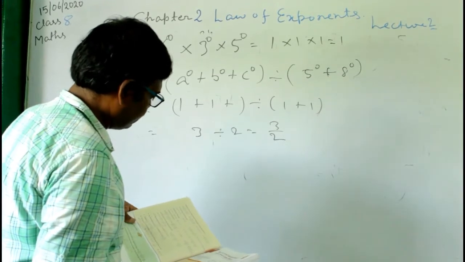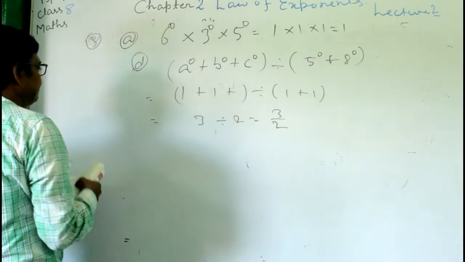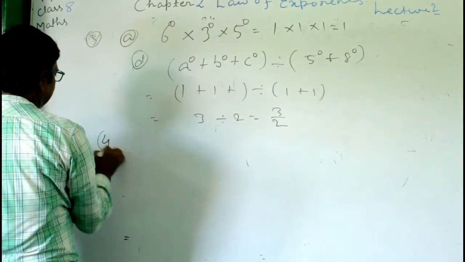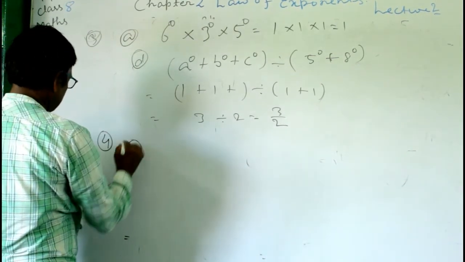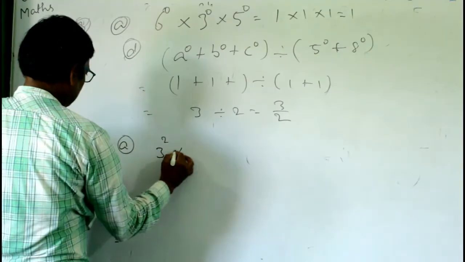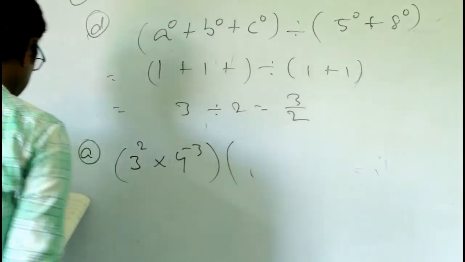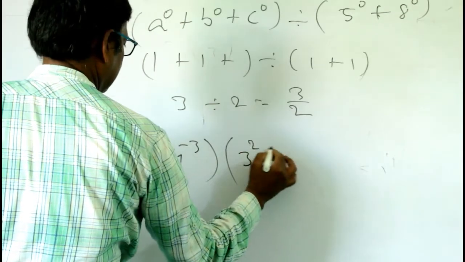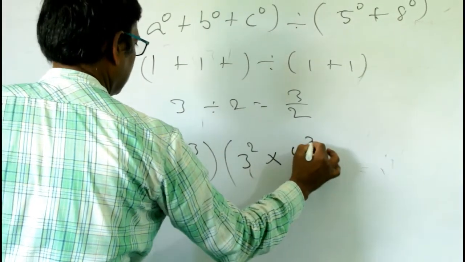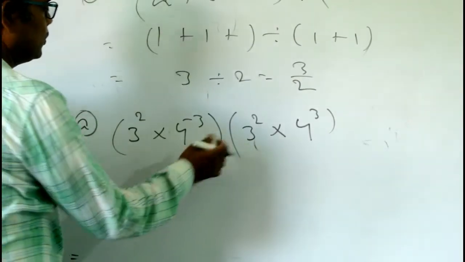And the next question number 4. Simplify the following. Question number A. 3^2 into 4^-3 and 3^2 into 4^3. Because all these are multiplied, there is no meaning of this bracket.